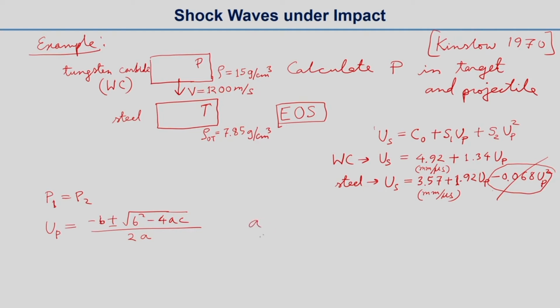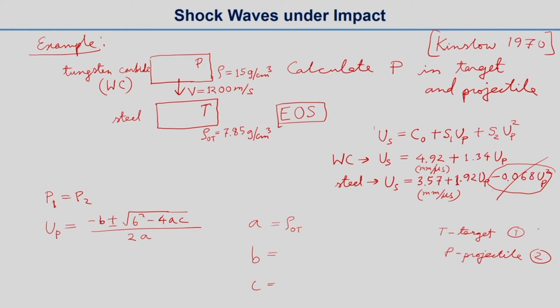So, what is A, B and C? A is rho naught T, T for target, I will write T for target in the subscript, and P for projectile, or we can even use number 1 and number 2 as well, whatever we discussed in the earlier derivations.